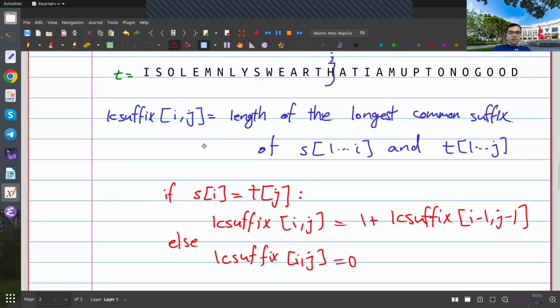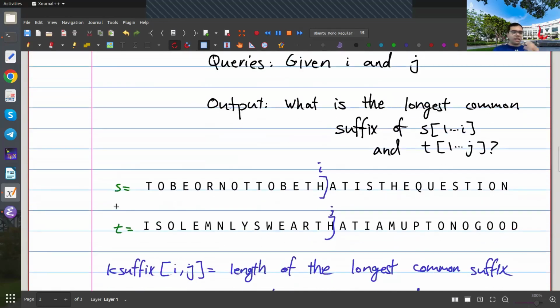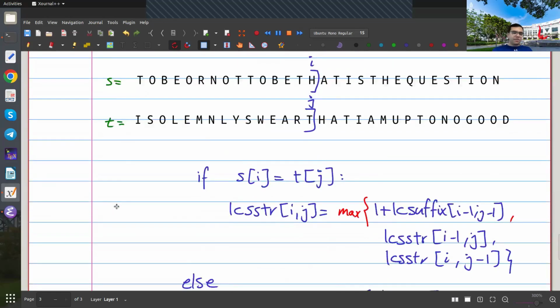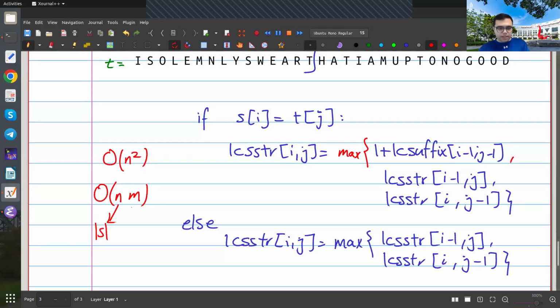So computing the suffixes took O(n) squared, assuming that both of them have lengths n. If they have different lengths n and m, then it's O(nm). And this one is also taking the same time. So my total runtime is O(n) squared, or you can also think of it as O(nm), where n is the length of S and m is the length of T. Nice.